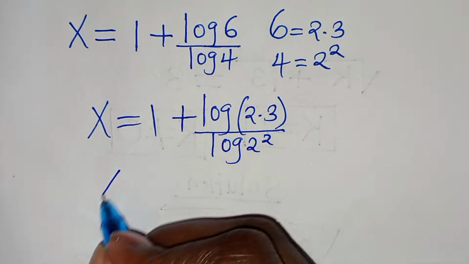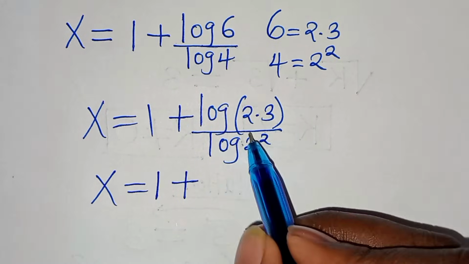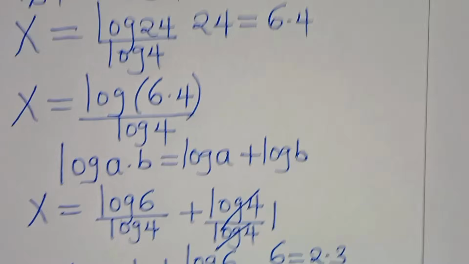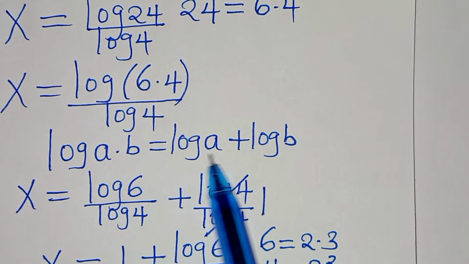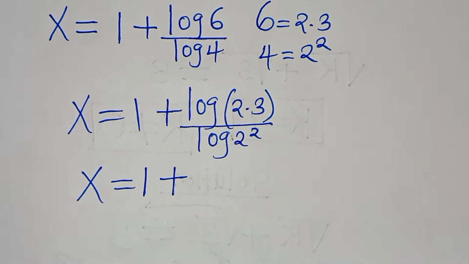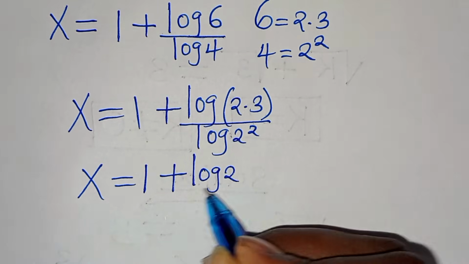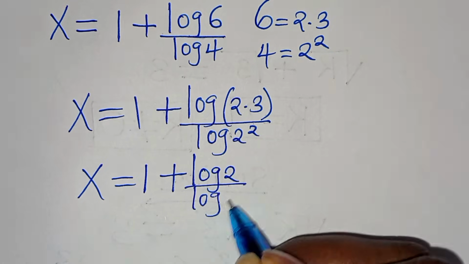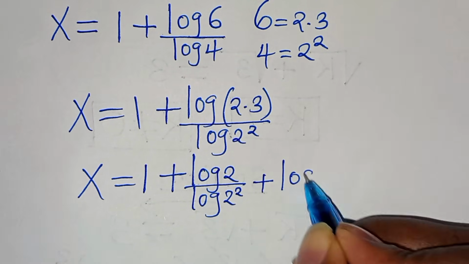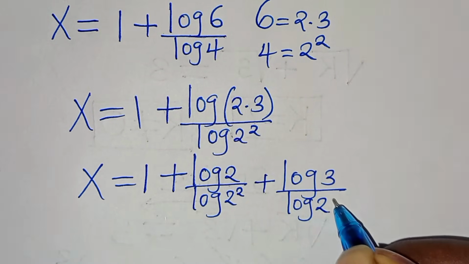Now log 2 times 3 again is in the form of log a times b, which we can express as log a plus log b. So here we have log 2 divided by log 2 to the power of 2, then plus log 3 divided by log 2 to the power of 2.